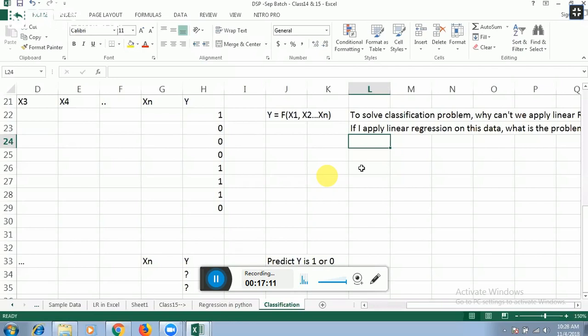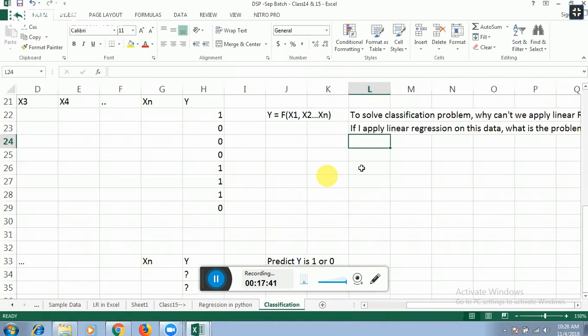So if I want to apply linear regression, I need to convert my Y into some variable such that the new variable follows a normal distribution.